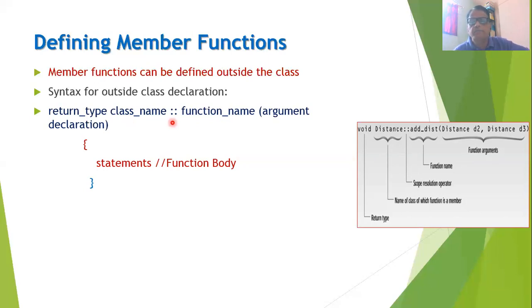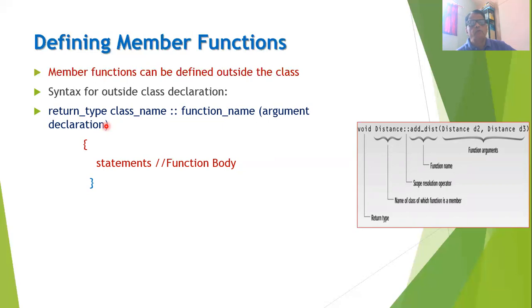After the class name, you write a double colon. This double colon is called the scope resolution operator. Then you write the function name, and if there are any arguments, you declare them in the brackets. Then within the curly brackets, you write the different statements which constitute the function body.